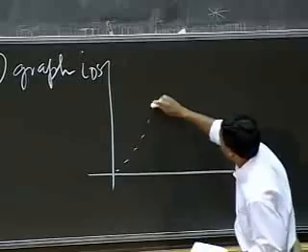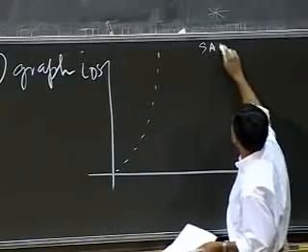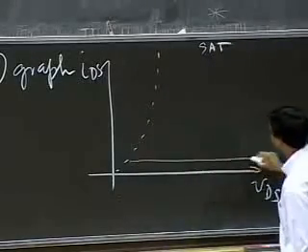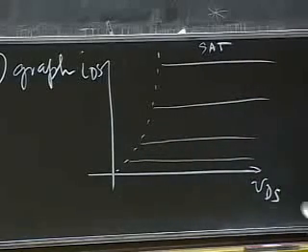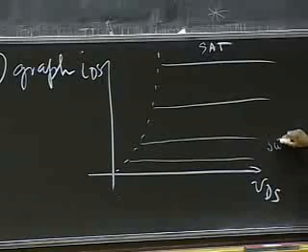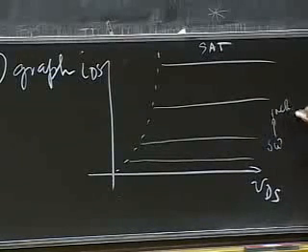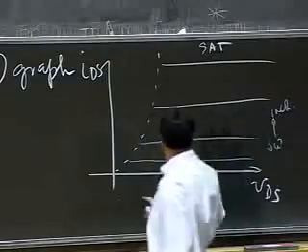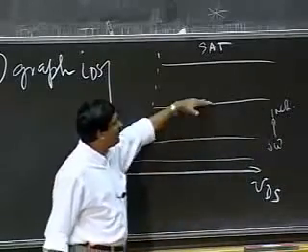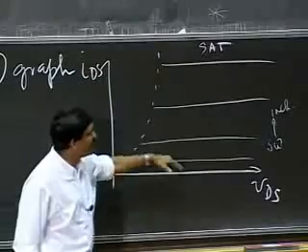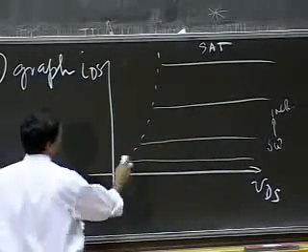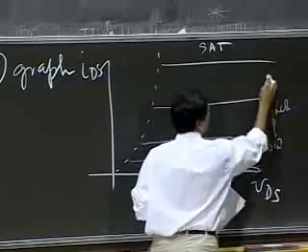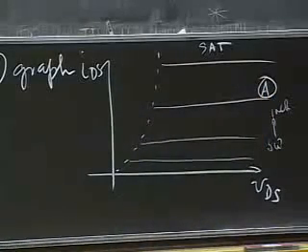The device characteristics under saturation look like this, with VGS increasing. IDS versus VDS has a bunch of curves that look like current sources of increasing values. That simply reflects equation A.